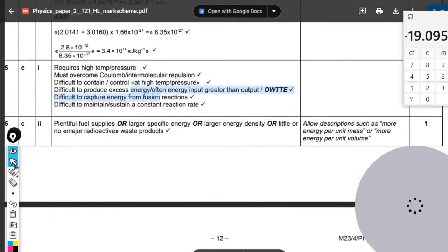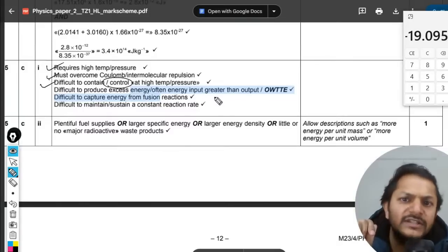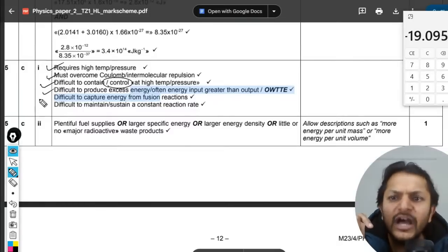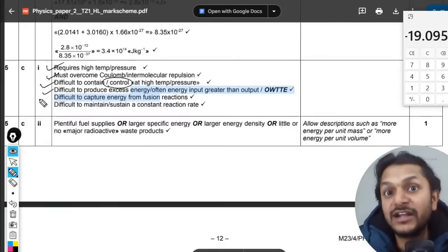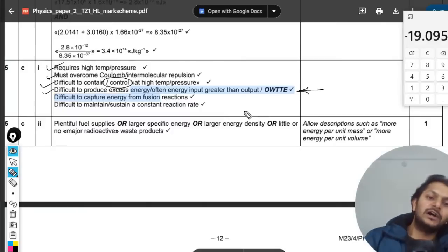Yes, so they are saying it requires high temperature, it must overcome the Coulomb force, difficult to control, difficult to produce excess energy, often energy input is greater than the output. Yeah, because when you want to create that kind of temperature, this statement is very important, I tell you.